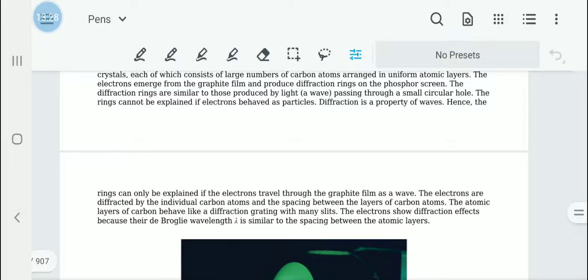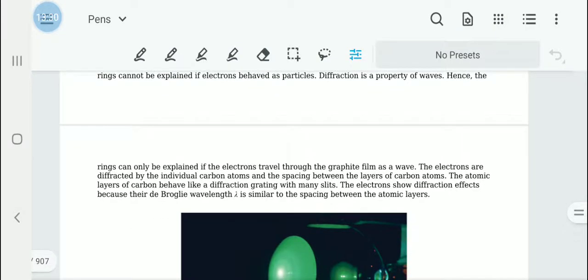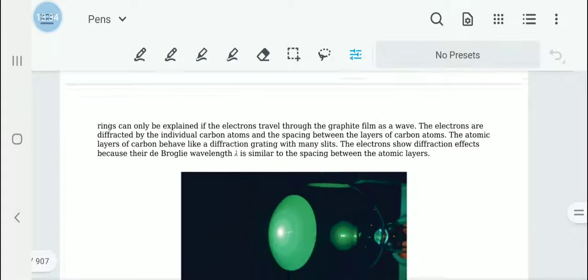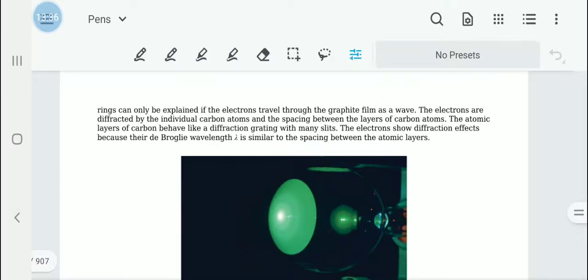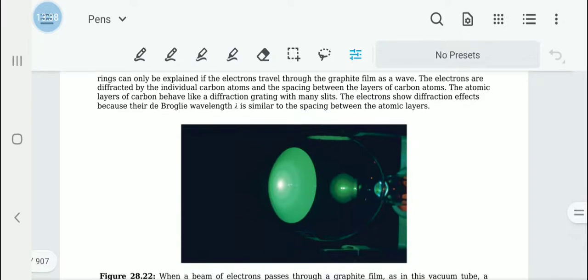So as a result, because diffraction is a property of waves, and because electrons are getting diffracted at this point, as you can see in this diagram, the electrons are going through this graphite layer in the form of waves. So they are diffracted by the individual carbon atoms and the spacing between these carbon atoms.